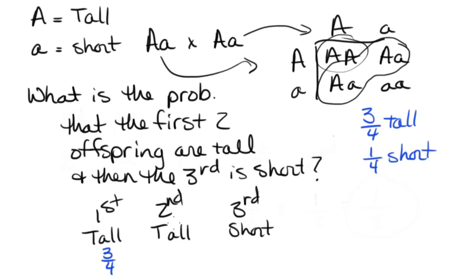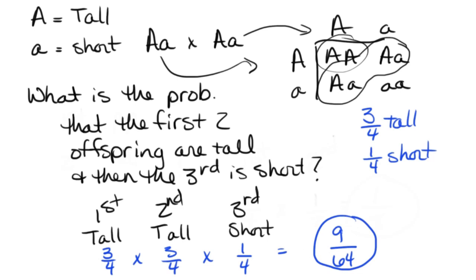Then when we look at the second child, it's an independent event, and that one's going to be 3/4 as well. And then when we get to the third one, again, we evaluate it independently, and that one's going to be 1/4. So if you take these and you multiply them all together here, we're going to get 9 over 64. So that would be our probability that our first 2 offspring are going to be tall, and then that third offspring is going to be short.